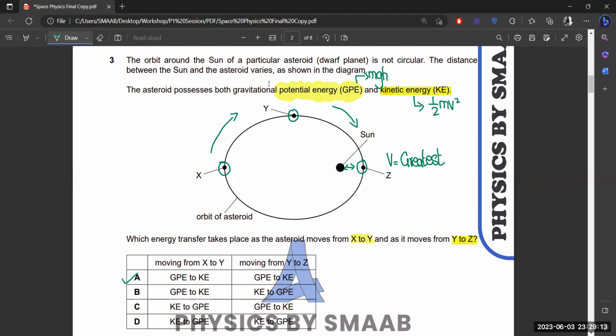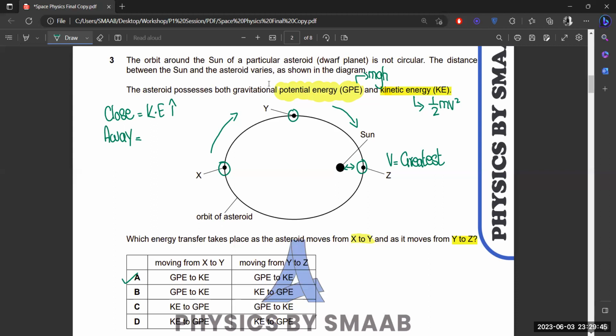As you start moving towards the planet, your energy is going to be converted from potential to kinetic energy. And as you move away from the planet, your energy is going to be converted from kinetic to potential. So moving close to the planet means kinetic energy will increase. If we are moving away from the planet, because there is a gravitational field, take the example of a rubber band: if you stretch it, the length increases and elastic energy is stored in it.